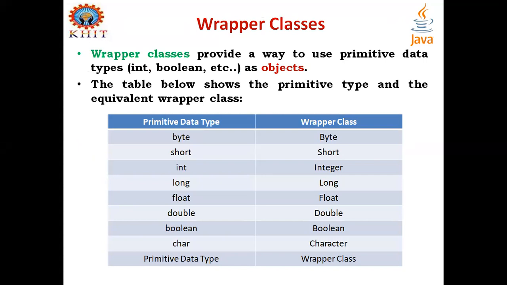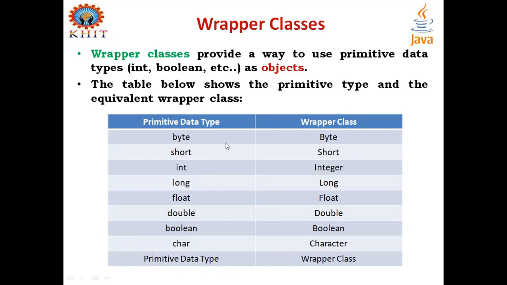Till now we defined these things as variables in our program, but Java lets you define those as objects of wrapper classes. The table below shows the primitive types and equivalent wrapper classes: byte, short, int, long, float, double, boolean, char are all primitive data types.